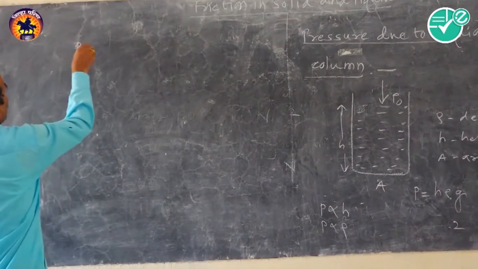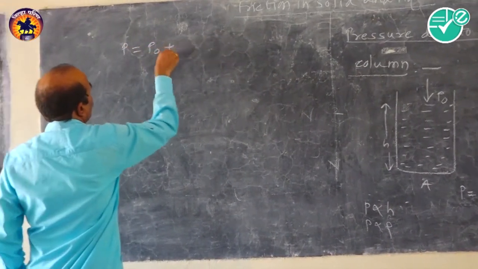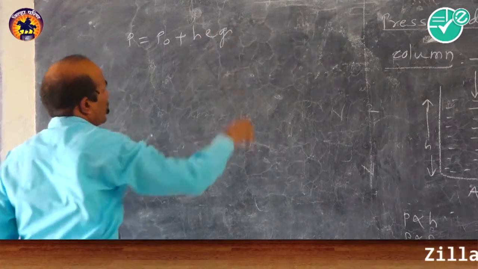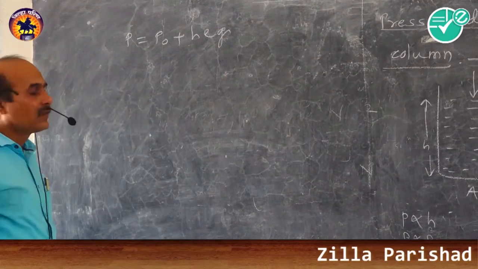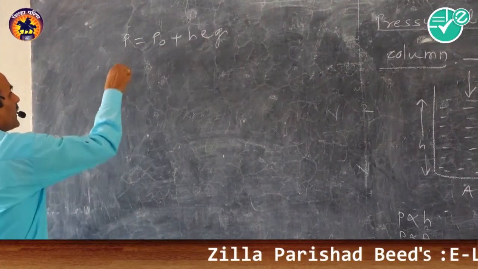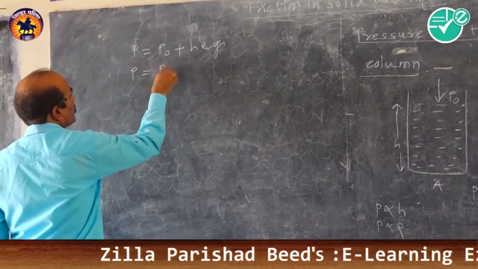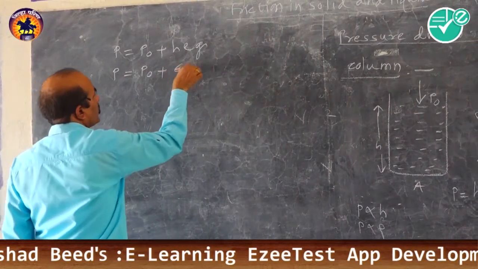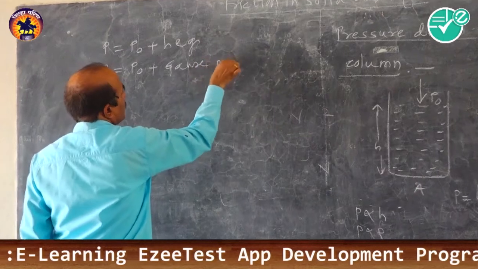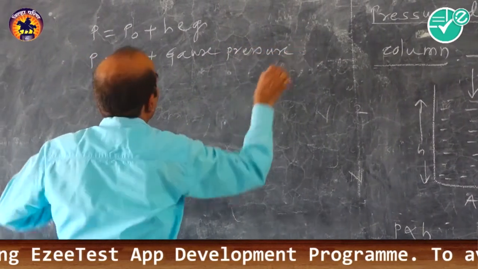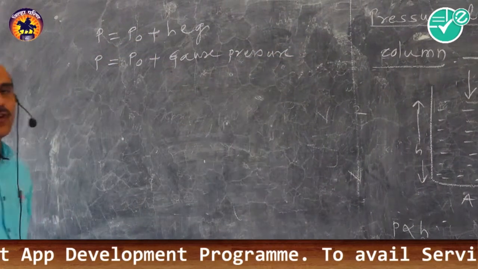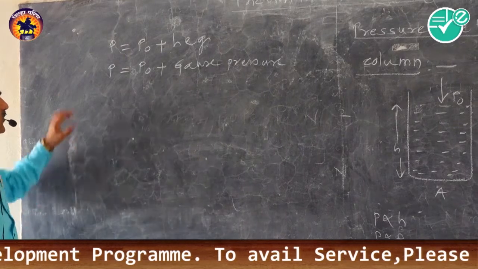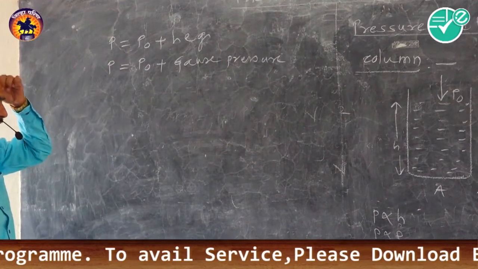So the total pressure P is equal to P0 plus H rho G. This is the total pressure acting, and therefore the equation of pressure is written as P0 plus gauge pressure. This H rho G is called the gauge pressure here.